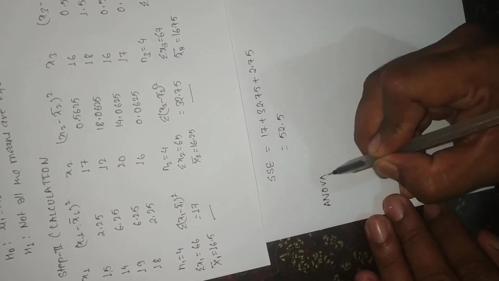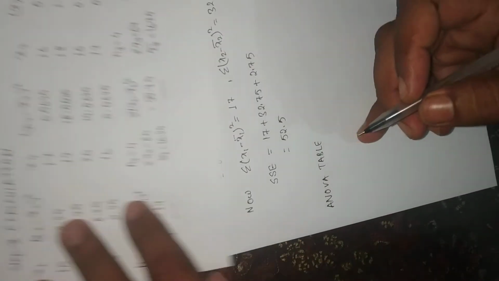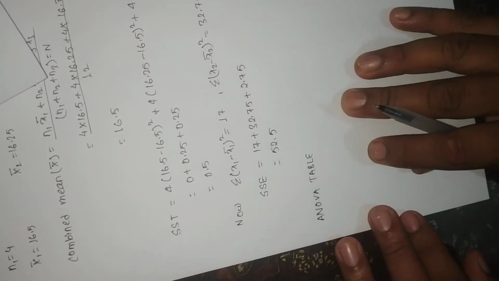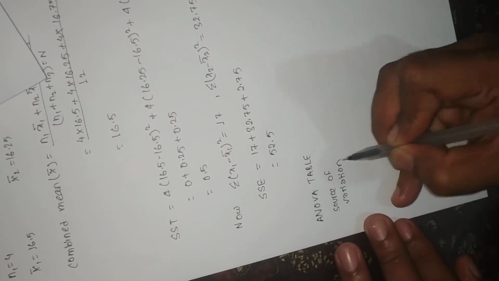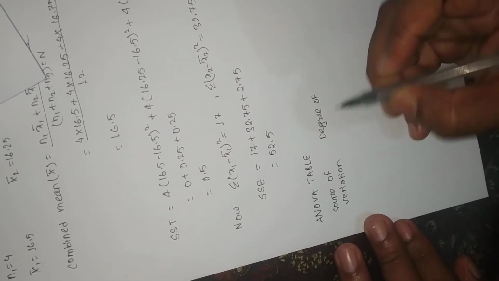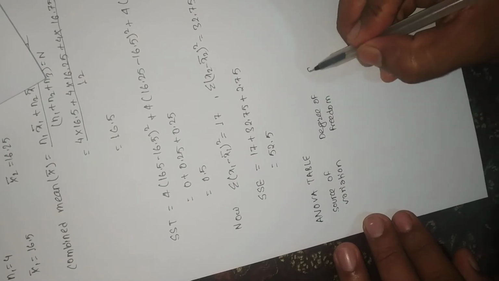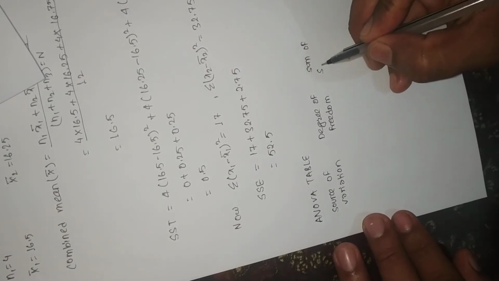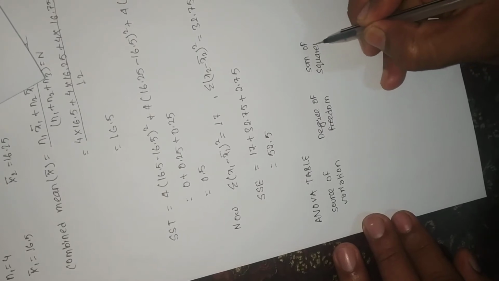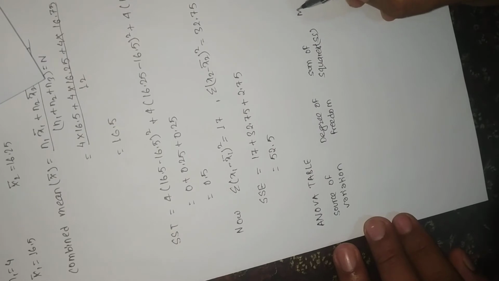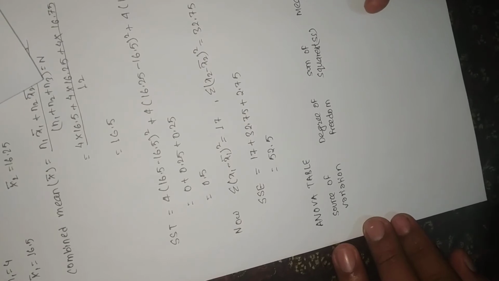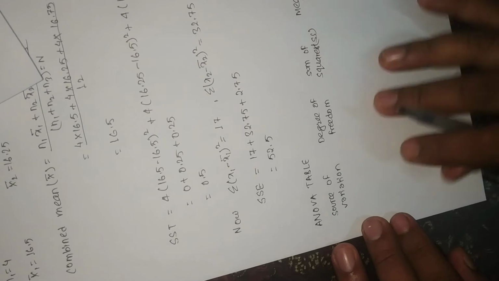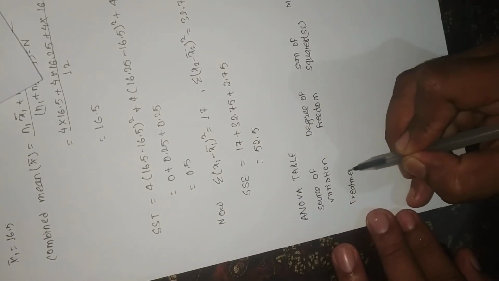Now we have to find the ANOVA table. The table has the columns source of variation, degree of freedom, sum of squares, mean sum of squares, and F calculated, with rows for treatment and error.